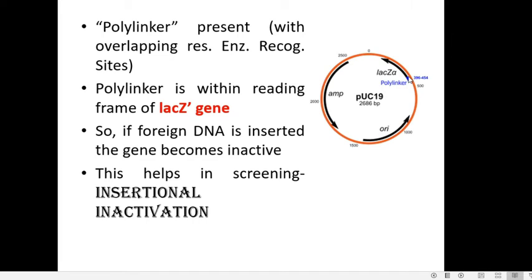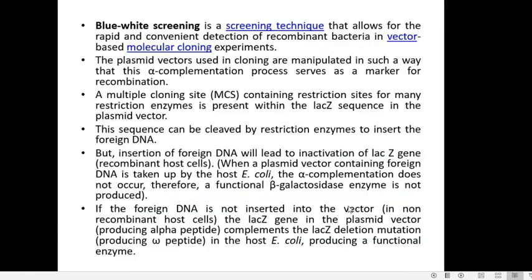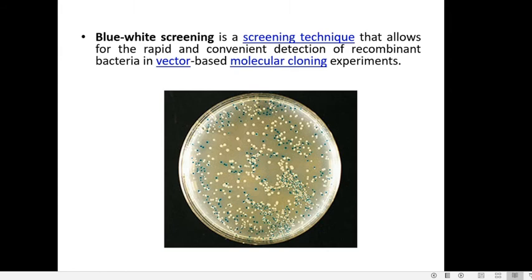So now what happens? Insertion of the foreign gene will lead to the inactivation of this lacZ gene. A host cell which has taken up this vector with the foreign gene will not have this lacZ active, because it is inactivated by the insertion of the foreign gene. That is why it is called insertional inactivation. Now we will go on to the host cells.